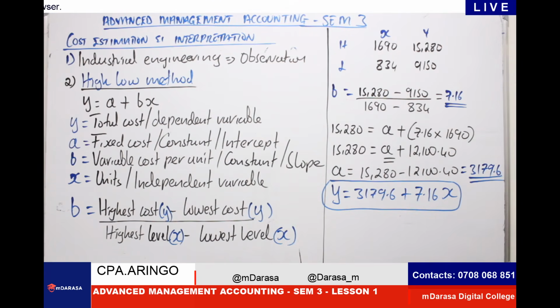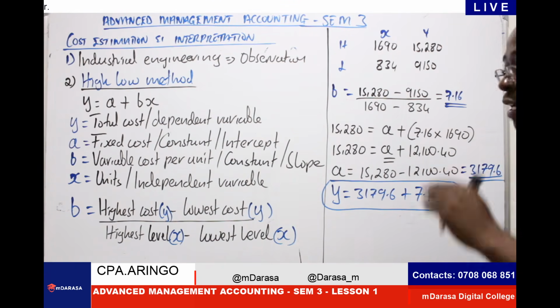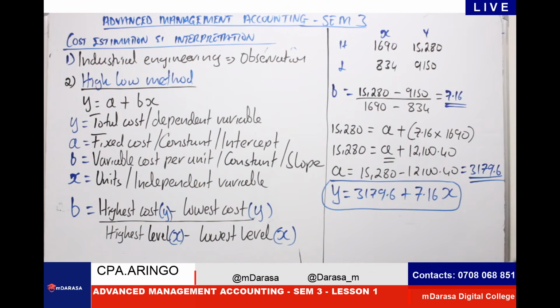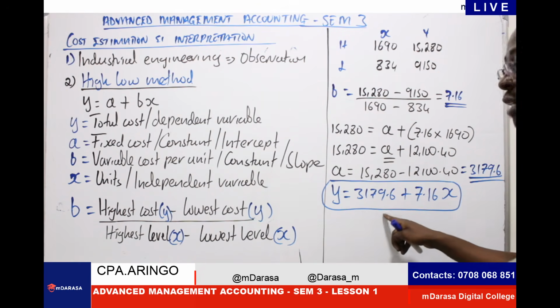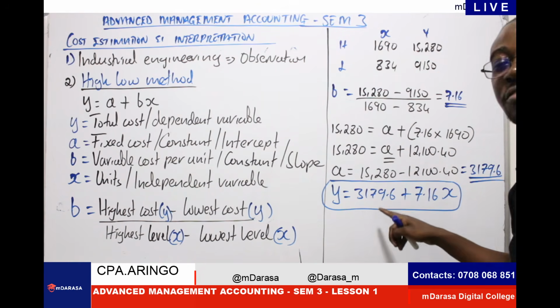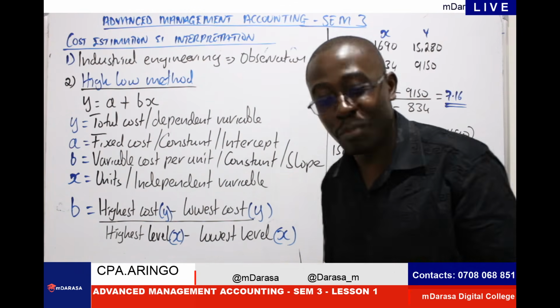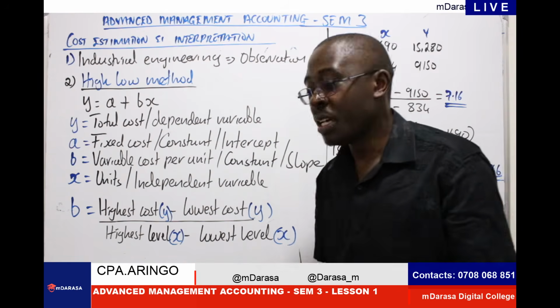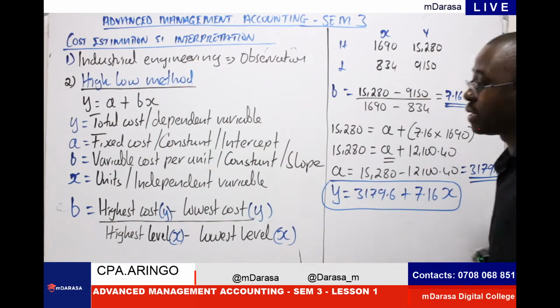The key element to understand is for us to reflect on the notes that Mwalimu has guided us with here. Solving such a question will always be very, very easy. That's what I can assure you. And that's the beauty of management accounting. All the concepts, so long as you understand the foundation part of it, working them out will always be very easy.